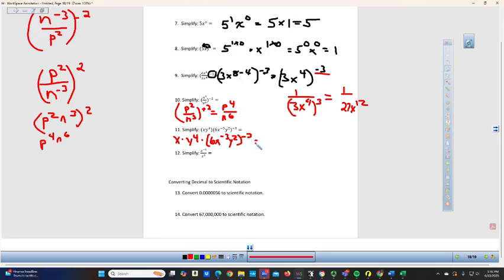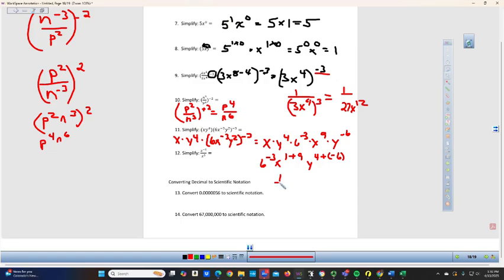So this is going to become x times y to the 4th times 6 to the -3 times x to the +9 times y to the -6, right? So now I'm going to rewrite this where I'm going to put the numerical value in front of the exponent so I can have a coefficient. So 6 to the -3 times x to the 1st plus 9 times y to the 4th plus a -6.